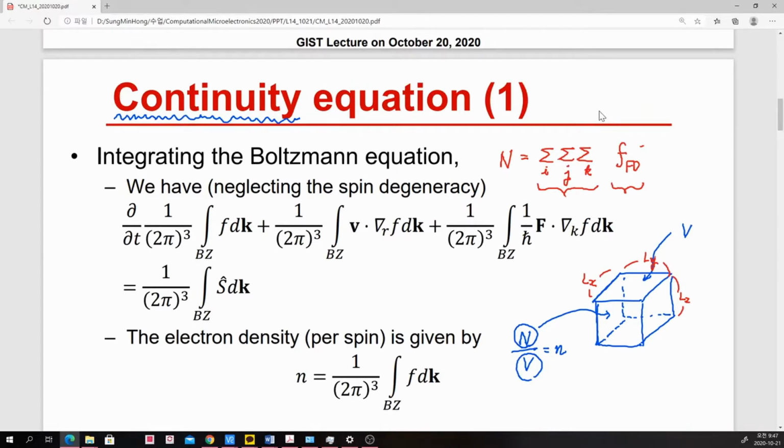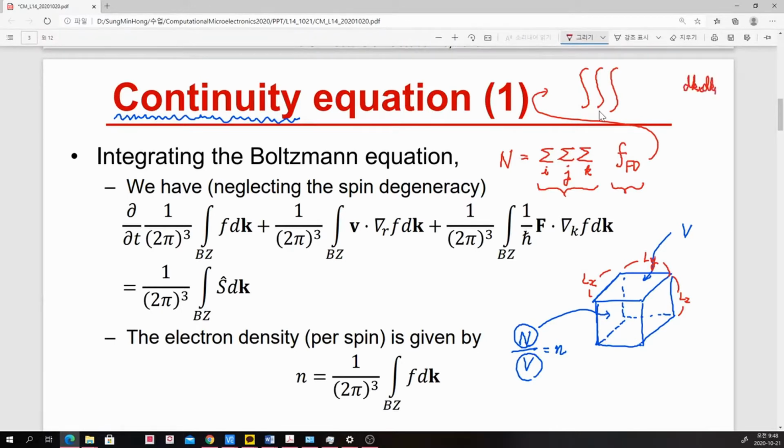However, we have studied that we can easily convert it into integration over our k-space, dkx, dky, and dkz. Of course, this integration introduces an additional dimension. So in order to make it just a number, we have to consider Lx, Ly, Lz, and here we have 2 pi, it's a cube.